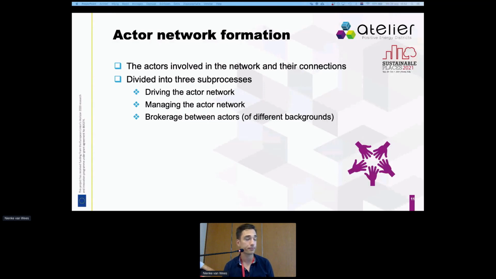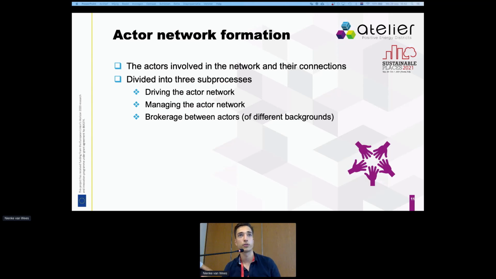Managing the network then looks at the connection between these actors, and also looks at how the collaboration and the cooperation between all the actors is. And at last, brokerage between actors refers to information transmission. So within such large projects, oftentimes the actors are not all together connected towards each other.